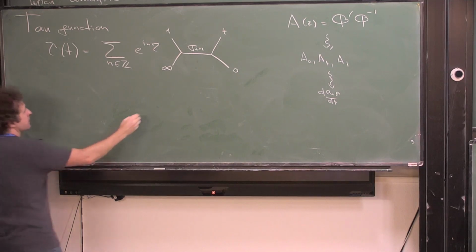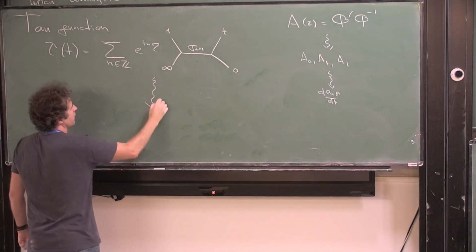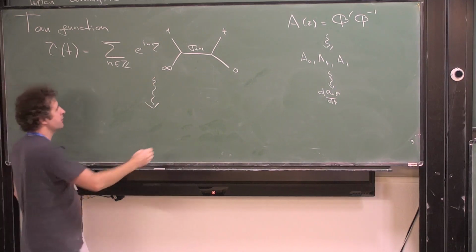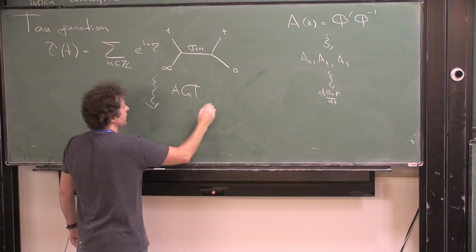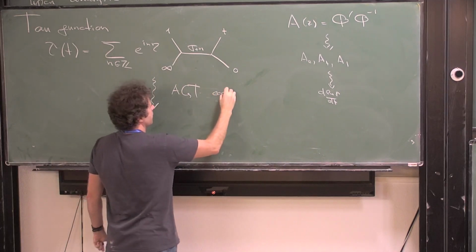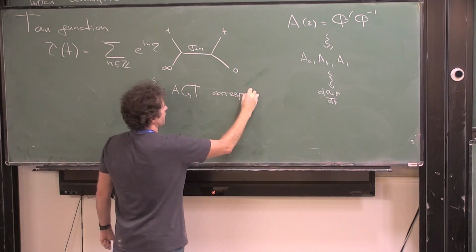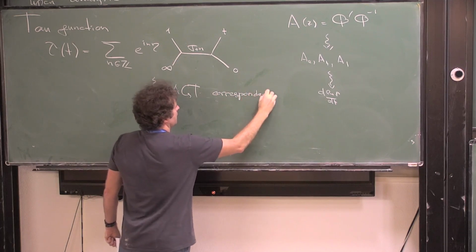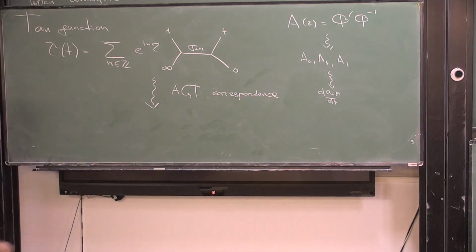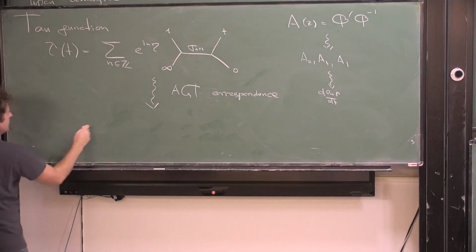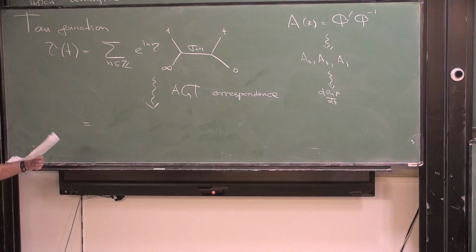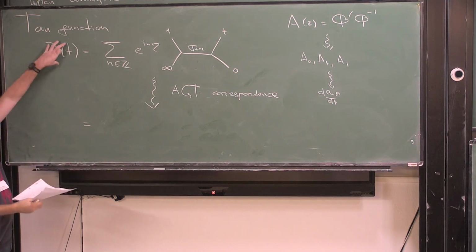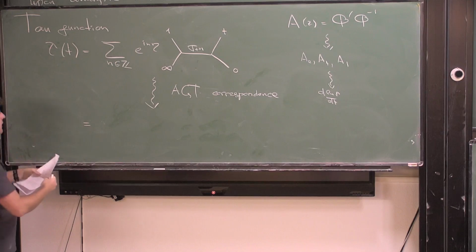But as was mentioned in many previous talks, we have the AGT correspondence, which provides explicit formulas for this series. So ultimately, we end up with an explicit series representation for tau associated to a given monodromy.